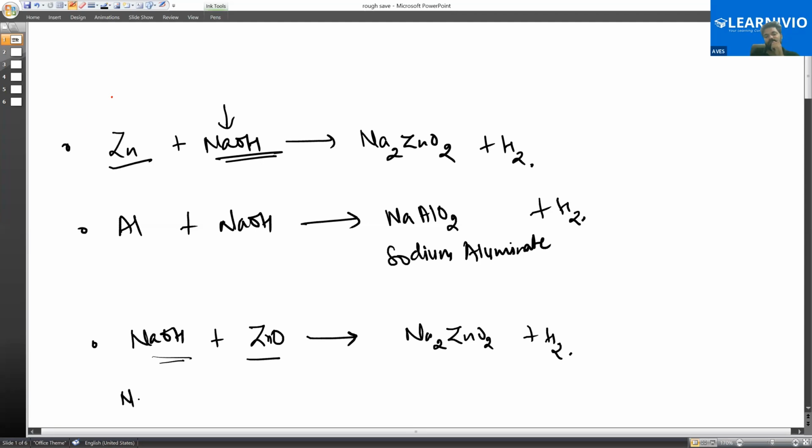And the third one, base plus non-metal oxide gives you salt and water. That example is sodium hydroxide plus calcium oxide. Non-metal oxide gives you. Calcium oxide is a metal oxide, no? Zinc and calcium are metals, right? Here I am talking about non-metal oxide.